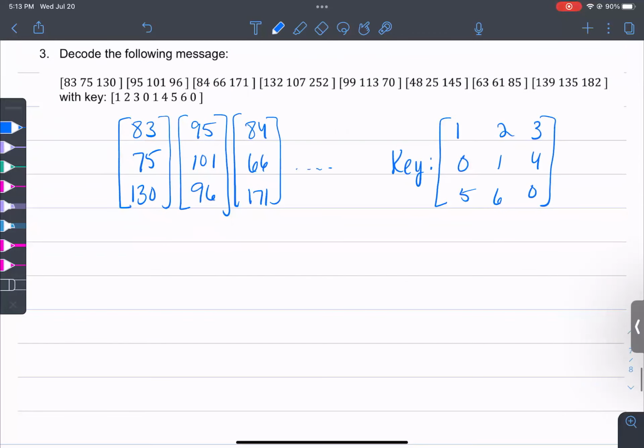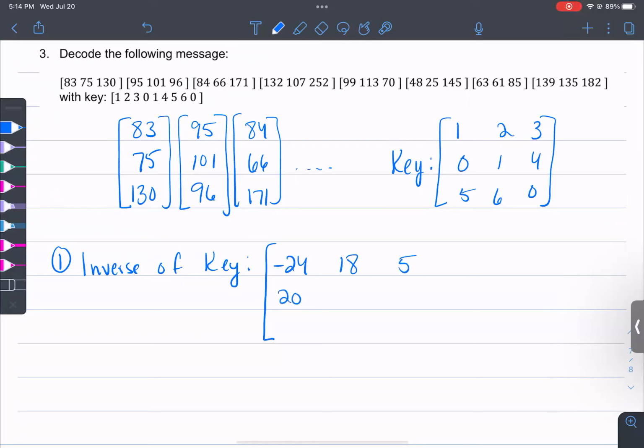So to decode this big long message, just like the other one, we start with finding the inverse of the key. Using your calculator, the inverse of the key is -24, 18, 5, 20, -15, -4, and -5, 4, 1.